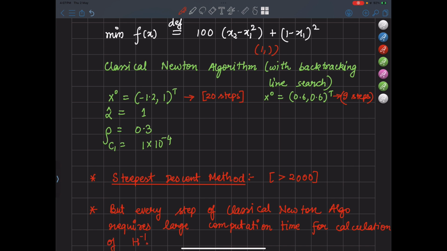So here each step requires large calculation time, but here each step requires less time, but the number of steps are less here and more in the steepest descent method.